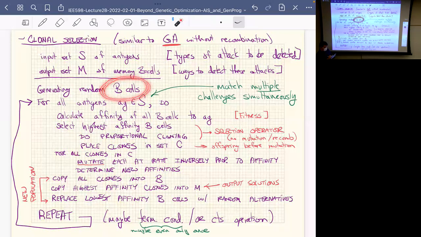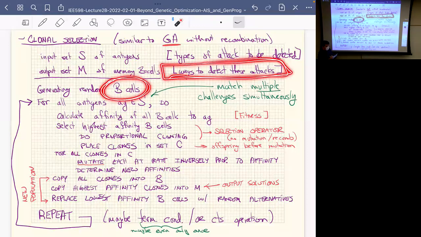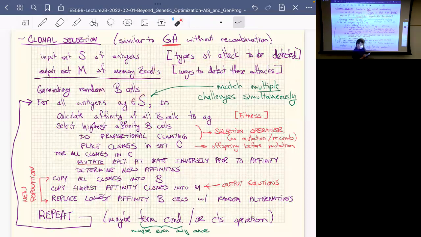I mentioned that these classifiers, these B cells or ways to detect attacks, might not be as simple as choosing a bunch of frequencies from a frequency distribution. You might have different algorithms with decision trees, because the way you would detect an attack might require some logic. You might need to probe what's coming in, and ask what's the state of the world right now.